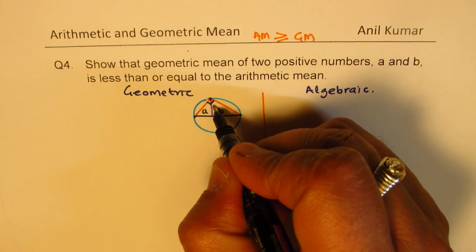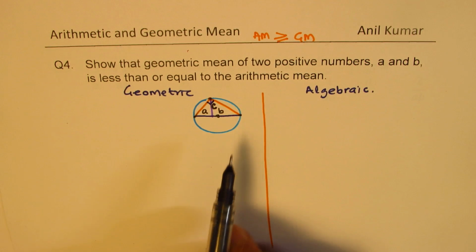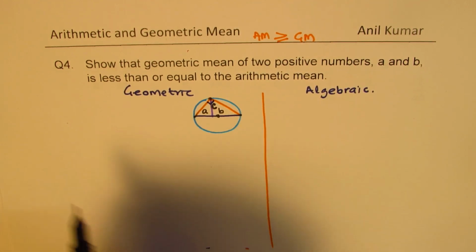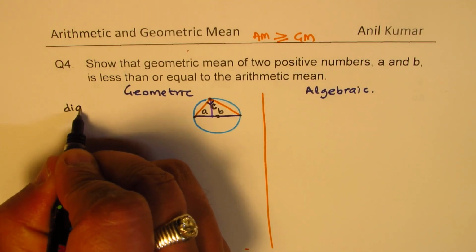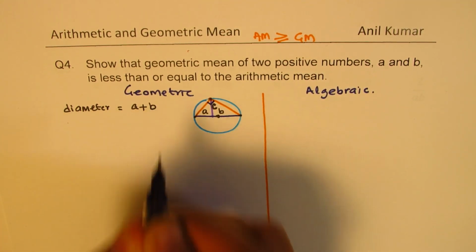Let's call that side C. So we have this particular circle with a diameter, and the diameter is equal to A plus B, right?